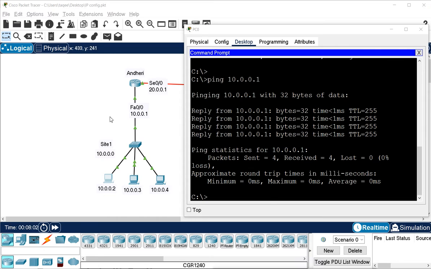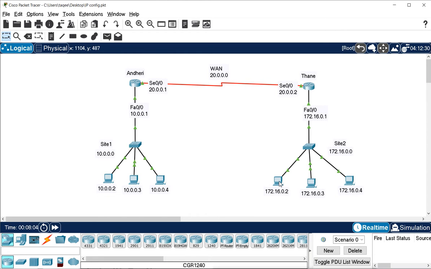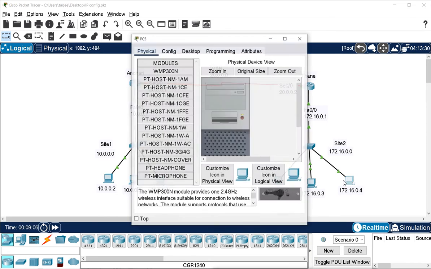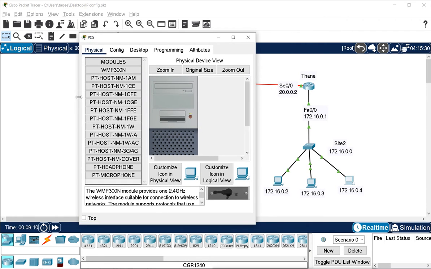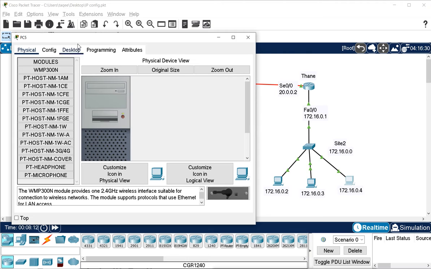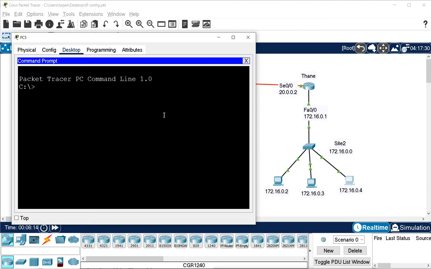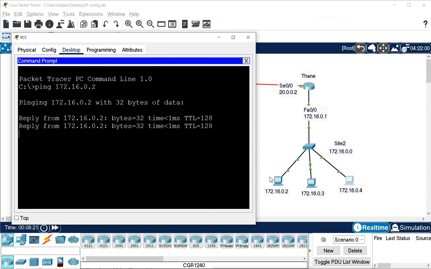Then if I try from this machine, I will check the connectivity with the other machines. I will go to desktop and command prompt, and try to check the connectivity with 172.16.0.2. So it is pinging this machine.